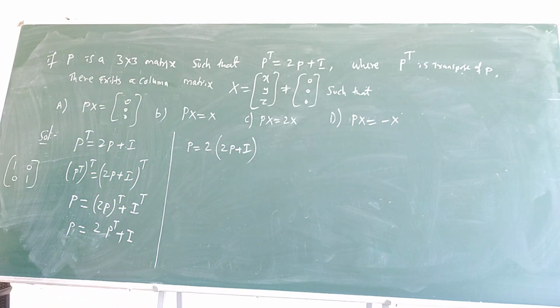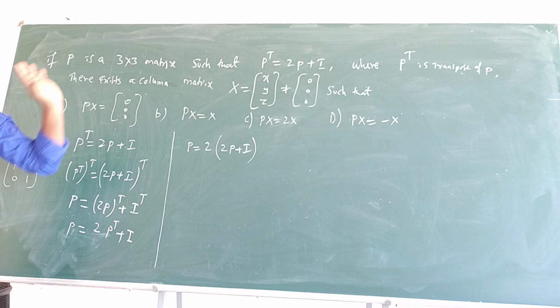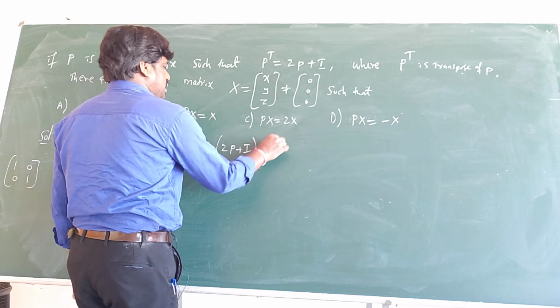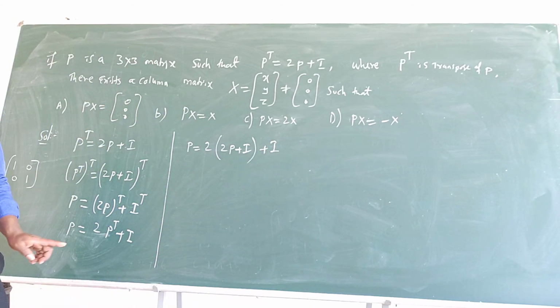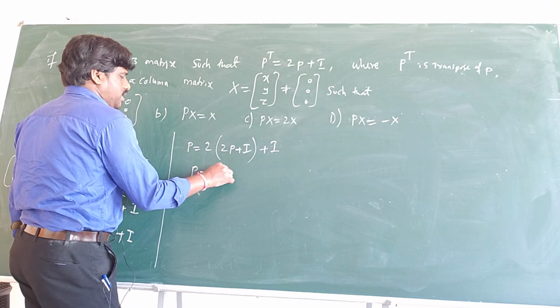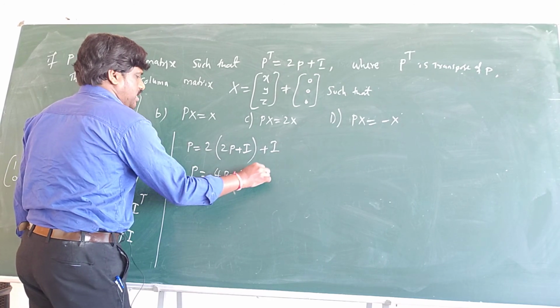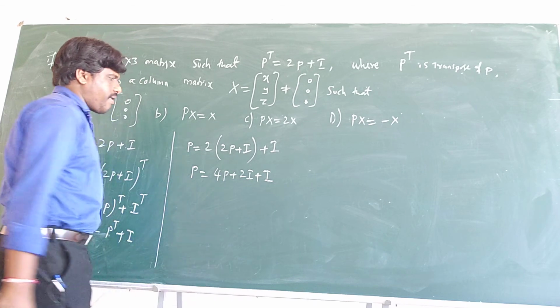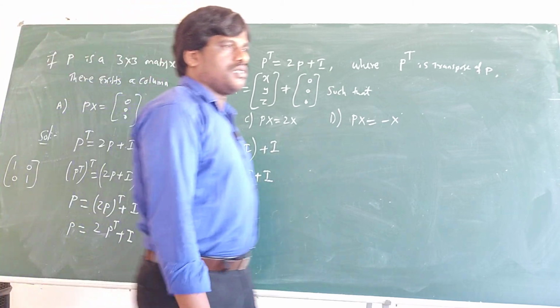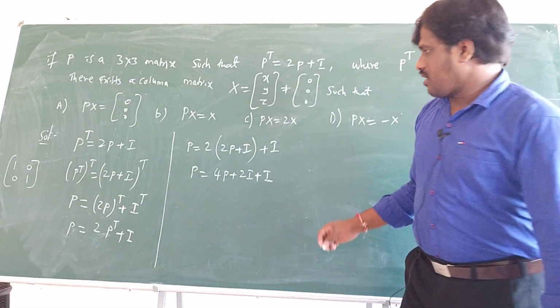What we are doing is, our aim is to remove the transpose. We have to remove that. So 2P plus I I can write. So P is equal to 4P plus 2I plus I. Correct? Right, sir? Siddharth, right?